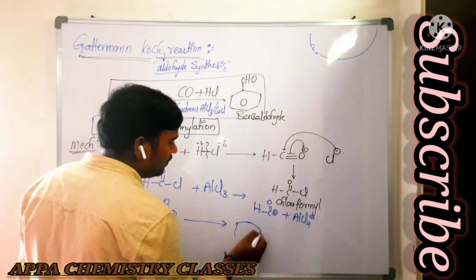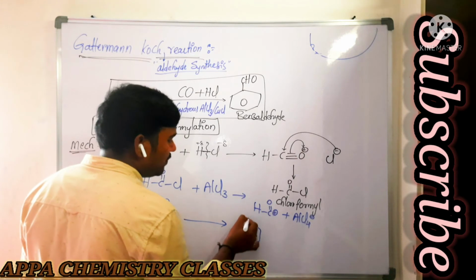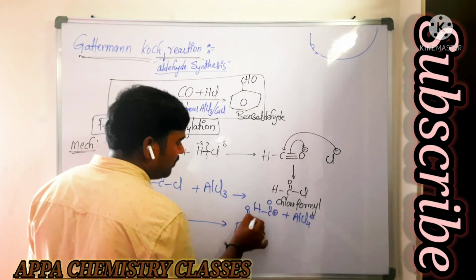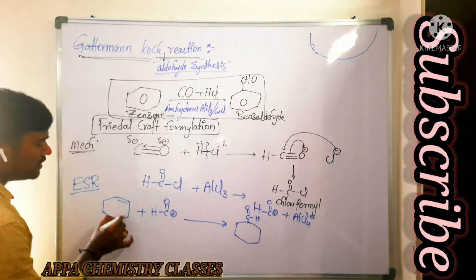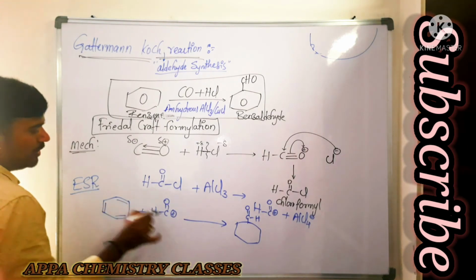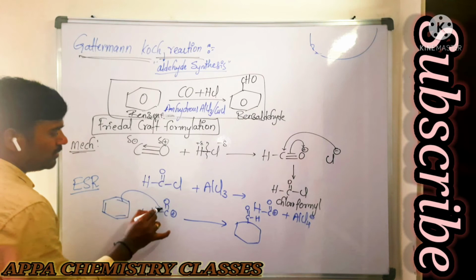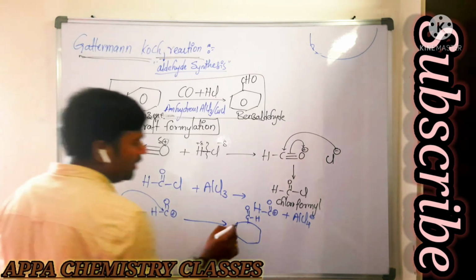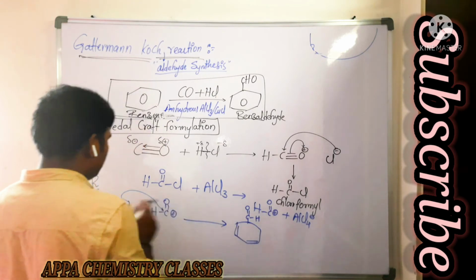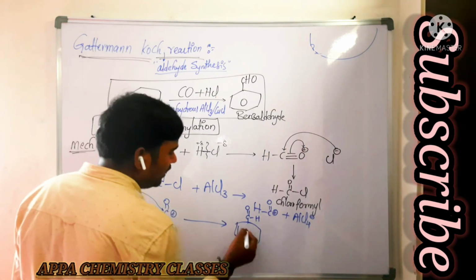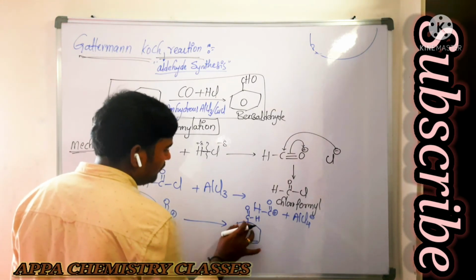Now then what happens? The formyl group is substituted on this benzene ring, C double bond O H. Actually what happens here? This pi bond attacks this carbon, then we are getting the positive charge over here.